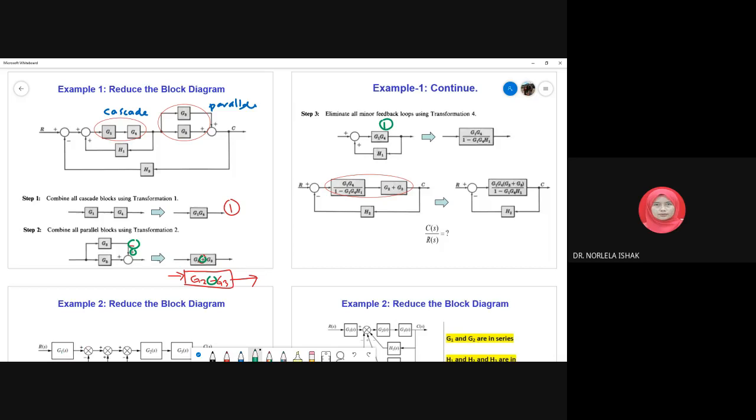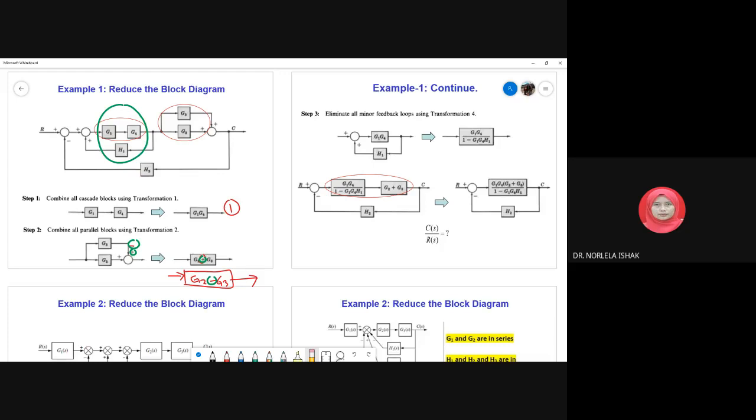Then you can get step 3. Step 3 meaning you have G1 here. This is your step 3. Once you cascade, you got this one, and then this is from here. Now after we cascade, you can solve this one.